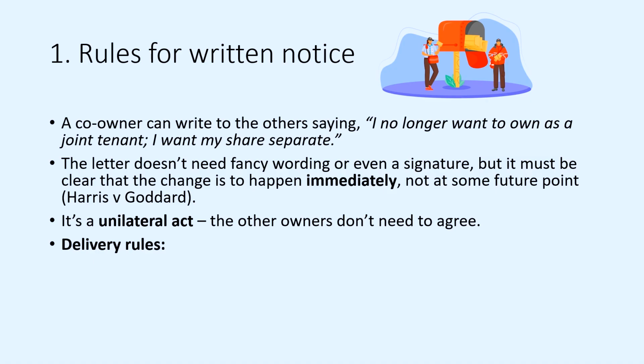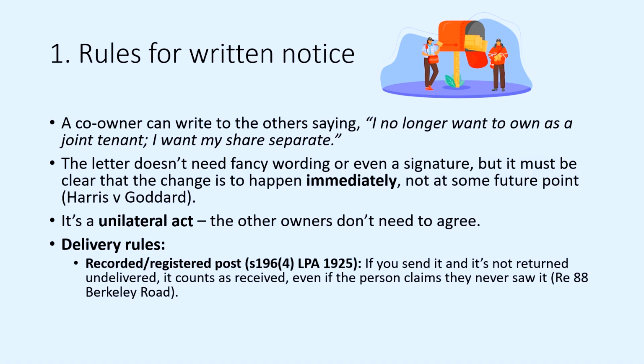So in land law, we actually distinguish between the kinds of delivery. If you, for example, decide I want this to be a recorded or registered post, you write up the document and then you send it, for example, via mail, using a special delivery or a signed for letter, anything where you can track where it's going, and you know that, in everything being normal, it will be delivered.